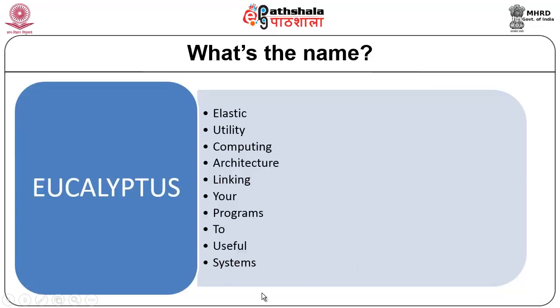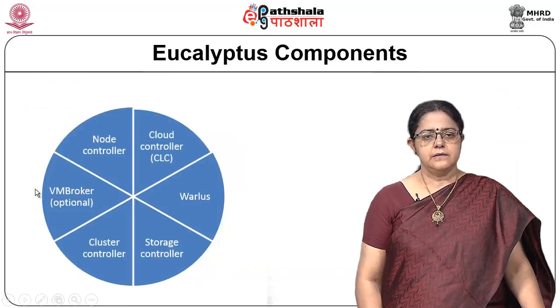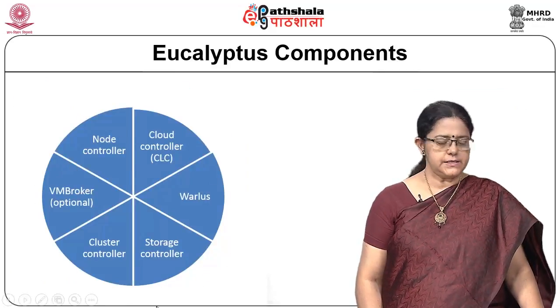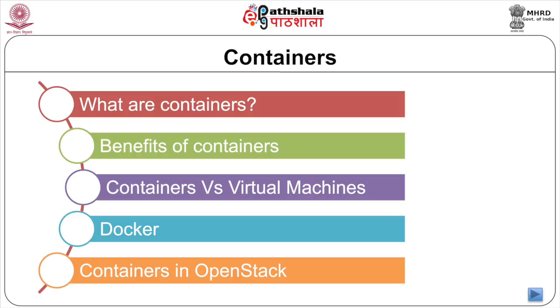The name is given from these words, Elastic Utility Computing Architecture, linking your programs to useful systems, or Eucalyptus. And these are the generic components of Eucalyptus.